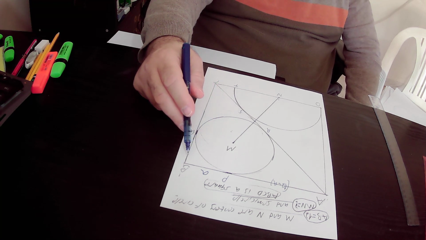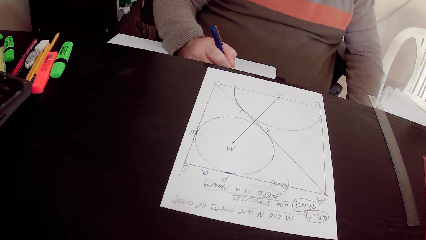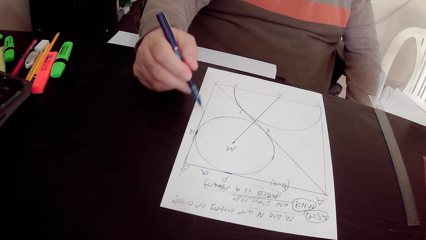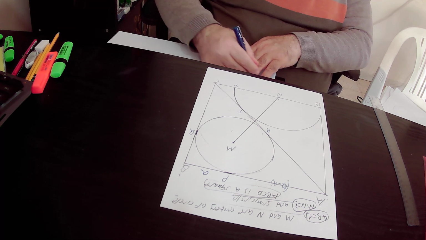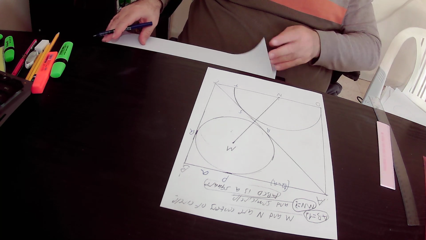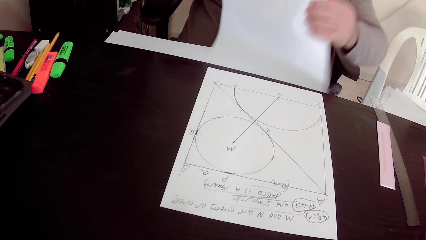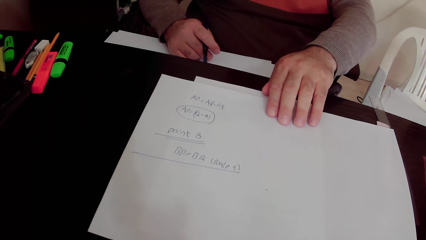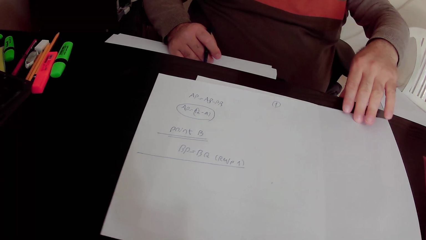The first tangent is tangent BP, and the second tangent is tangent BQ. And according to rule number 1, the lengths of those two tangents are equal to each other. That is to say, BP is equal to BQ according to rule number 1.